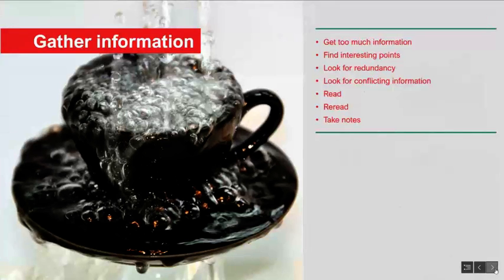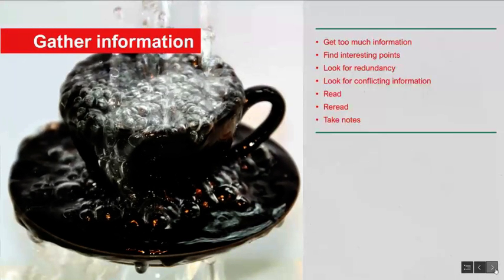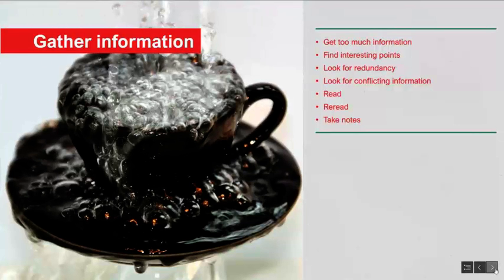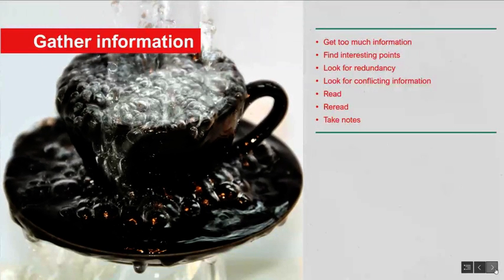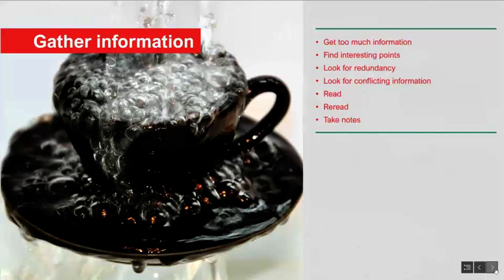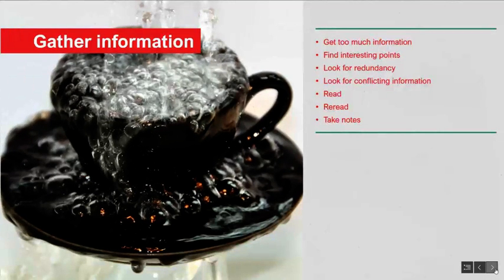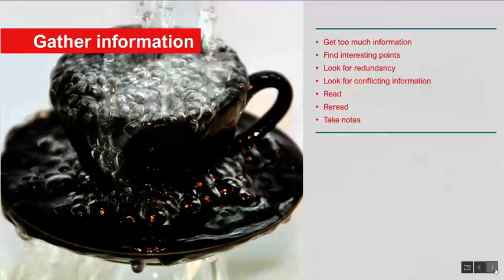So look for the redundancies and look for conflicting information. Sometimes, even though it might come off the AP wire, there's going to be a bias that might be added from the author, or there might be conflicting information because the information came at two different times.